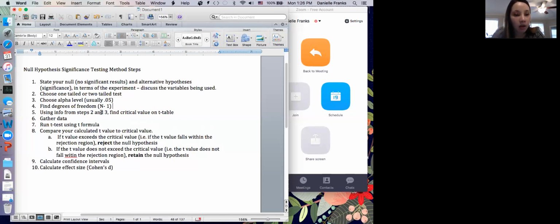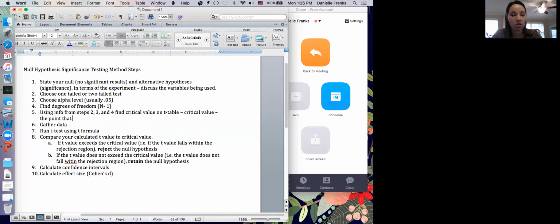We use info from steps 2, 3, and 4 to find our critical value in our t-table. This is the point at which our rejection region begins.